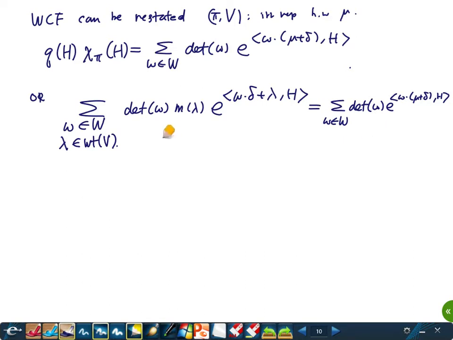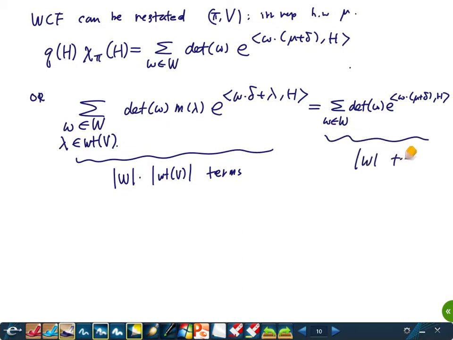And let's look at the left-hand side and right-hand side. How many terms do we have here? The Weyl group is finite, so there are this many elements there, and then this many elements there. So there are many, many terms here. On this side, the Weyl group times the number of weights. Here, this can be huge.